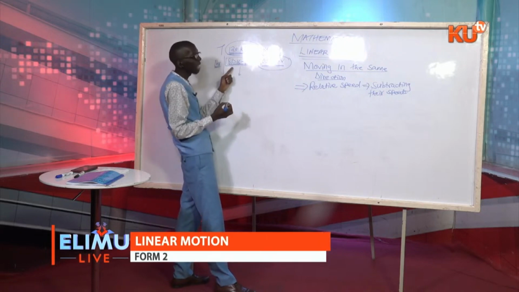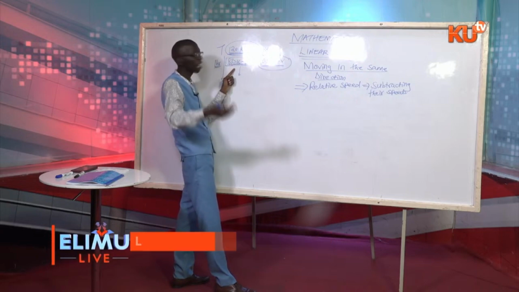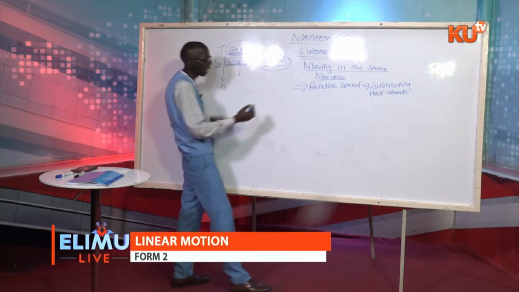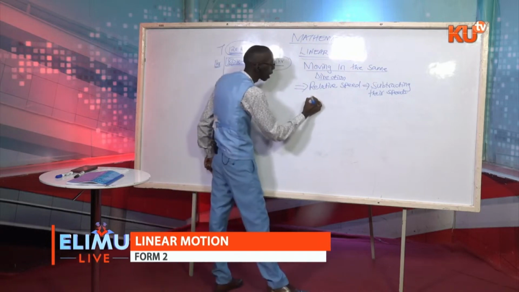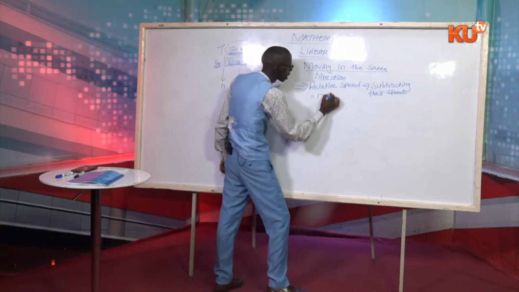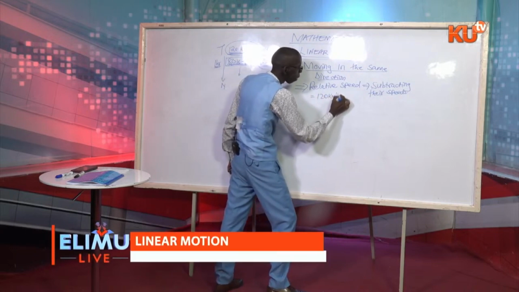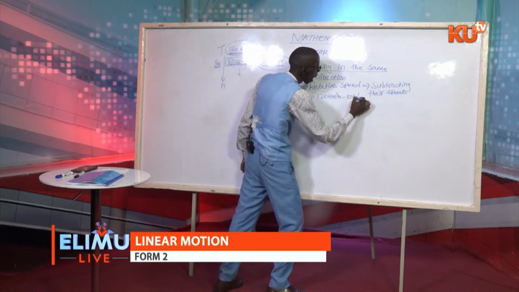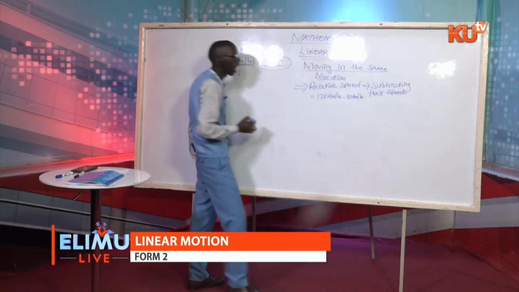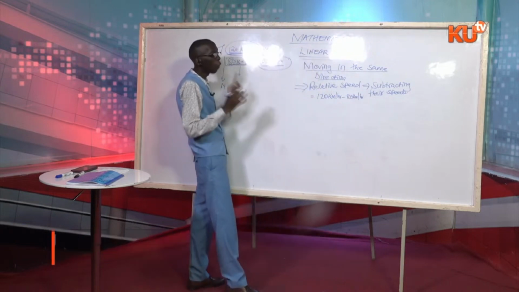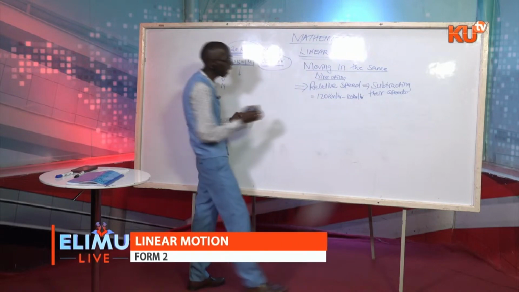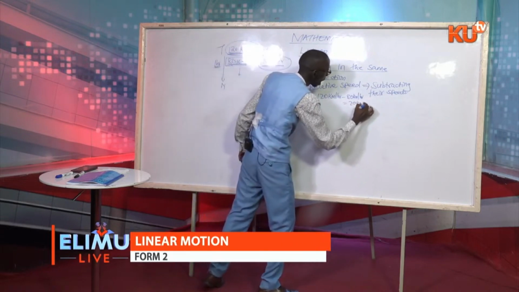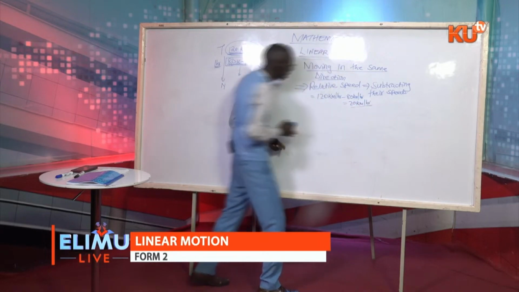So from this example, if you are told to get the relative speed, you will subtract our speeds: 120 kilometers per hour minus 80 kilometers per hour. That is how we get relative speed for vehicles moving in the same direction. And this will be 20 kilometers per hour. That was just an illustration.